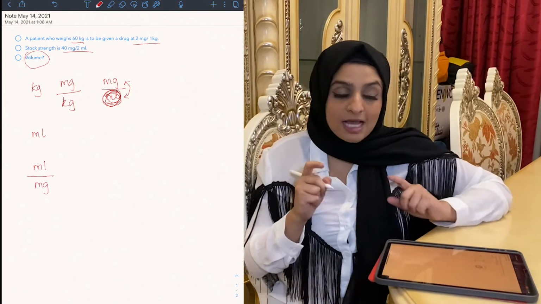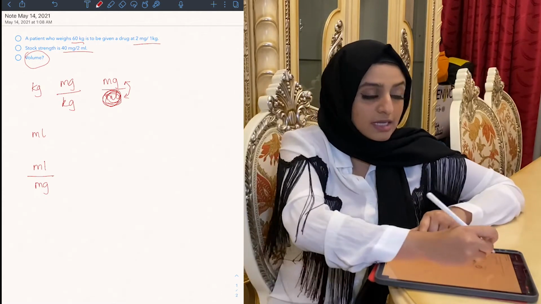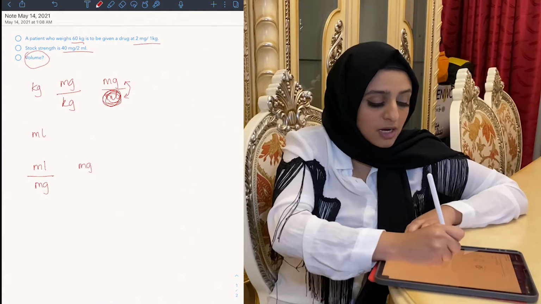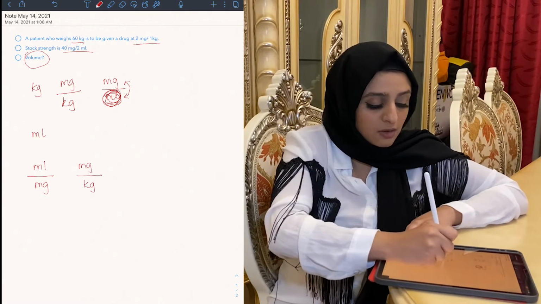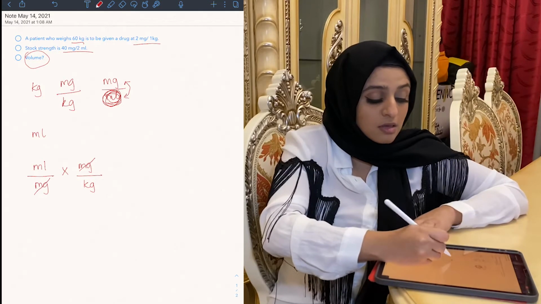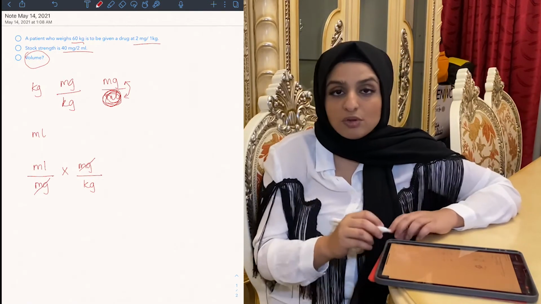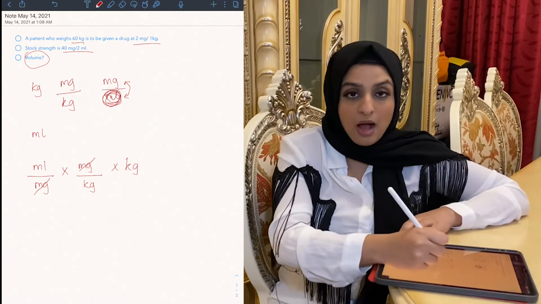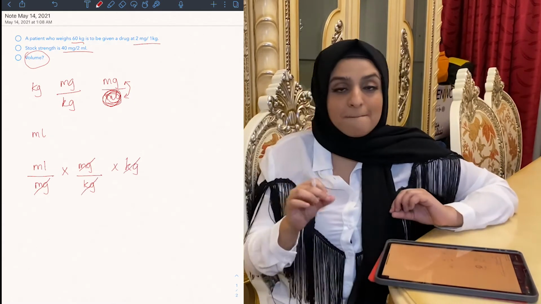Then we want to cross out the milligram, so the second fraction here is milligram per kilogram. If we multiply it, then we can cross out the milligrams with each other. And then finally, we've got kilograms. To get that out of the way, you want to multiply it by kilogram to get milliliters as the last man standing.